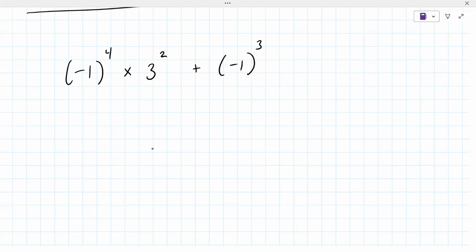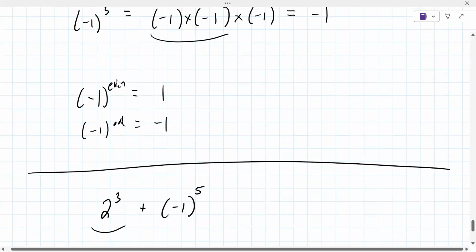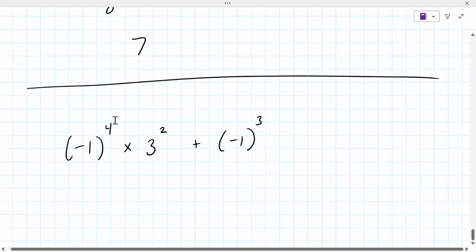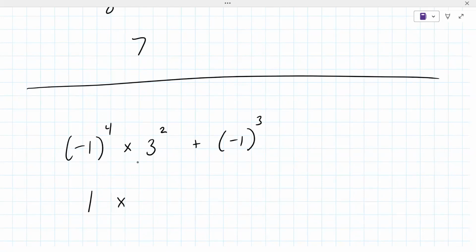Times is 27. Okay, go ahead and give me what is -1 to the power of 4. It will be -1. Okay, did you write this down? -1 to an even power, -1 to an odd power. Yes, I did. Okay, is 4 even or odd? Oh, it's even. So it'll be +1 times 27.